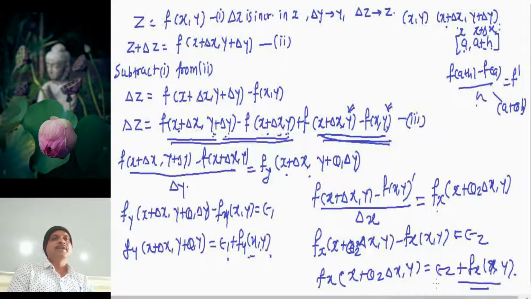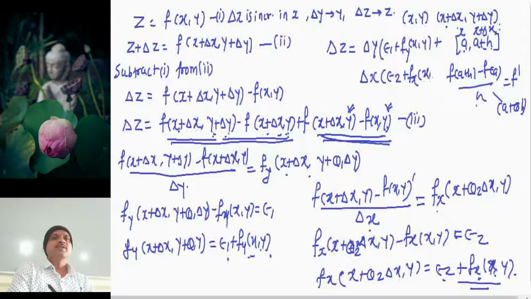And for the second two terms we get Δx into (ε2 + f_x(x, y)). Then Δz equals Δy into (ε1 + ∂f/∂y (x, y)) plus Δx into (ε2 + ∂f/∂x (x, y)). So this is the derivative.